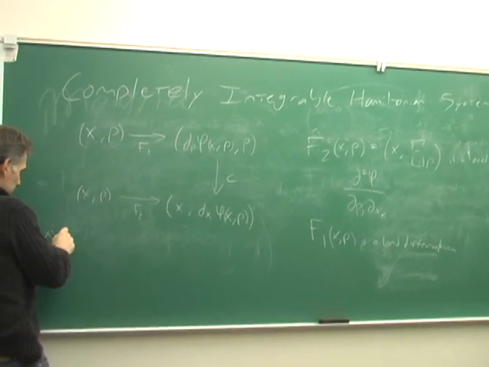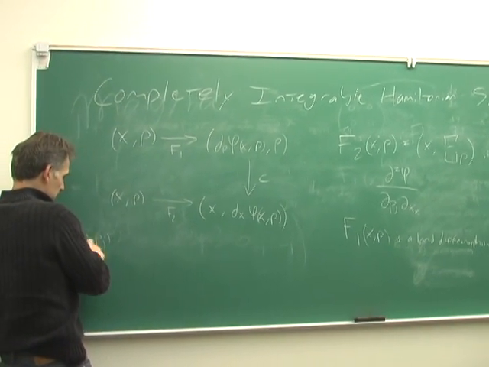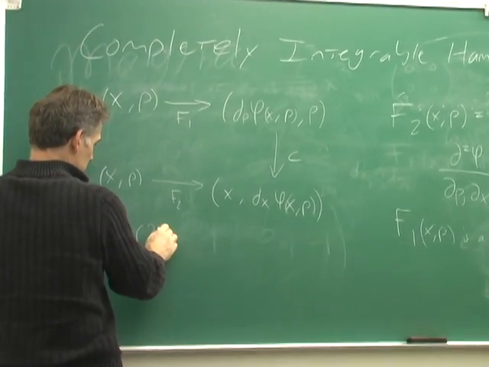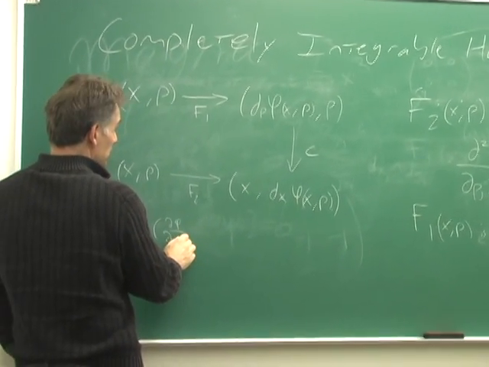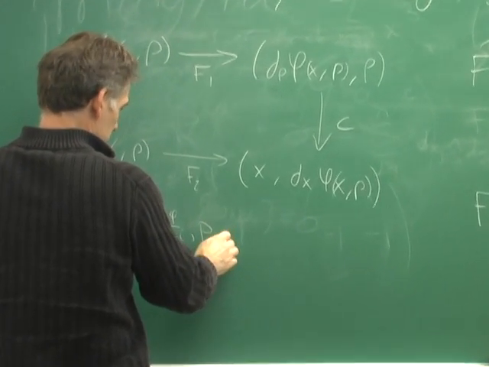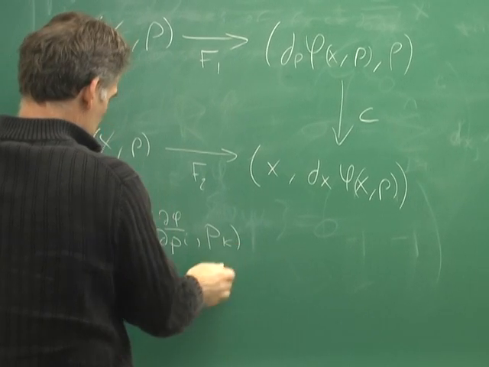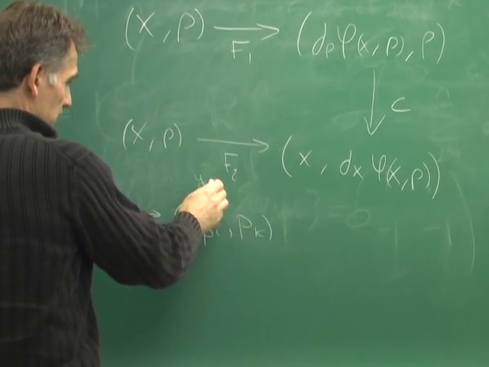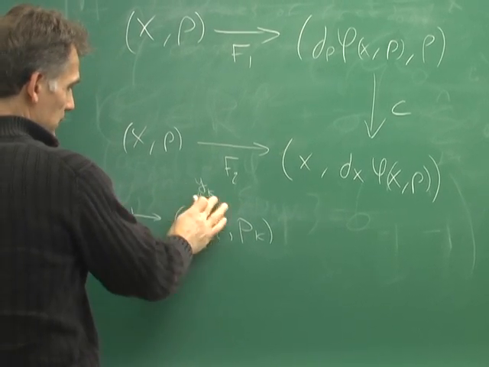So you have x_i, p_j, and you map it to this, which is d phi by d p_i, and then p_j or p_k. Okay. So what is the Jacobian of that? Let me call this y_k.